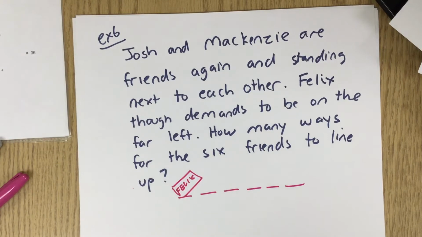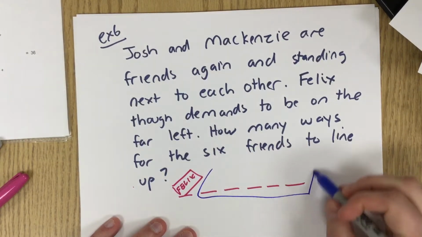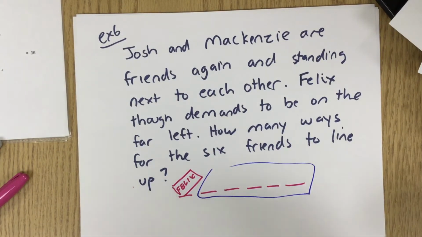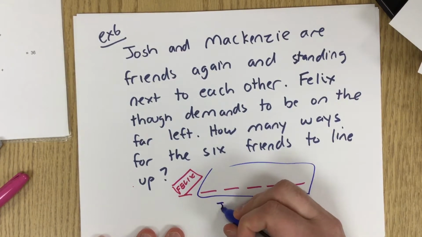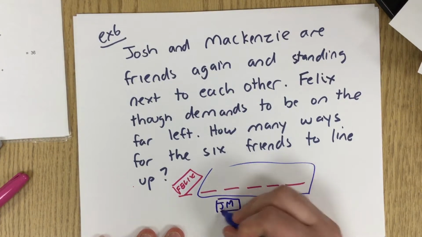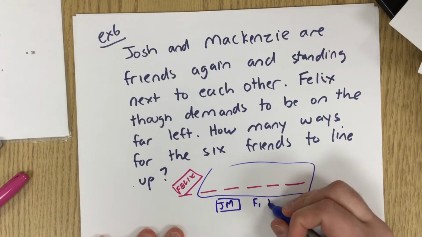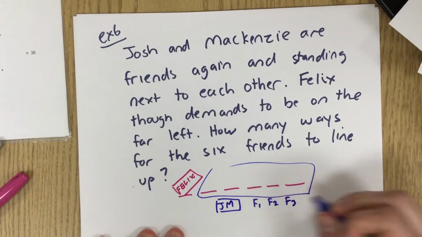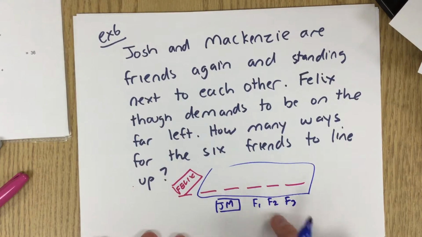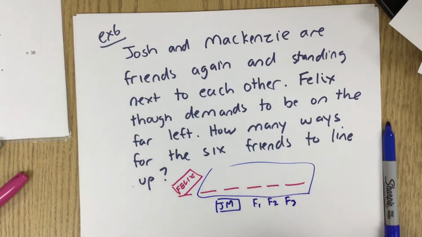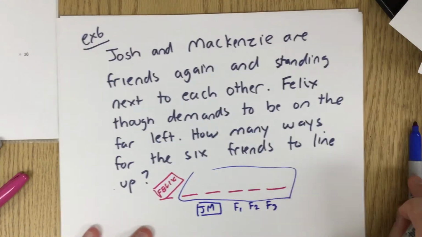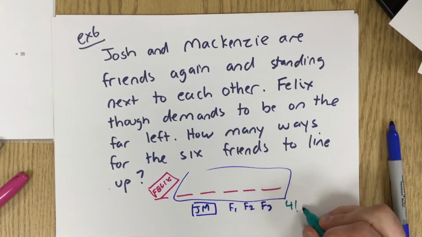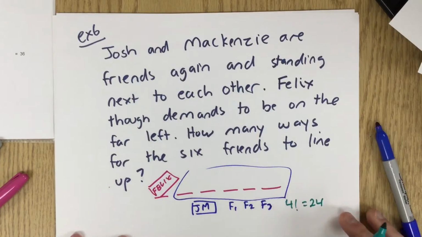Now we have 5 slots left, and we're going to have the JM block with 3 of the other friends, not Felix. So now we only have 1, 2, 3, 4 objects that are being maneuvered. So that's going to be 4 factorial, which is 24.